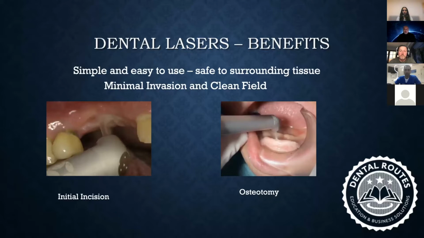You have full control over the speed at which you create the dimple. It is completely safe to all the surrounding tissues, and you can take your time and make sure the first cut is extremely precise. That is the reason why I always try to use a laser for that as against the traditional pilot drill that I was so used to when I first started doing dental implants.